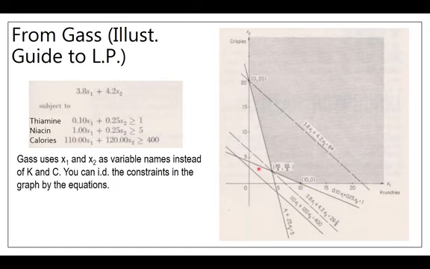You could choose to consume on this line, or you can consume something greater, right? So you can consume up in here, and that's okay because this is a weak inequality. It says greater than or equal to, and so this really gives us the lower boundary based on how much thiamine we're required to have. Okay, so this gray or shaded area up in here is the feasible space.